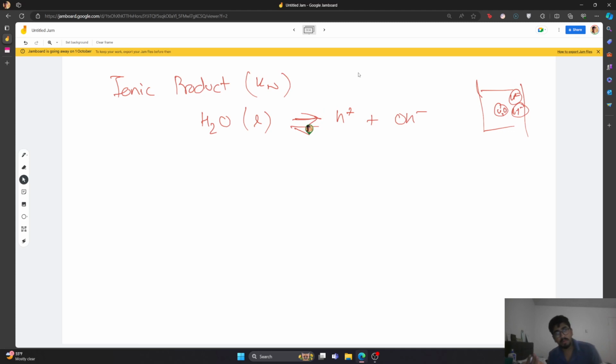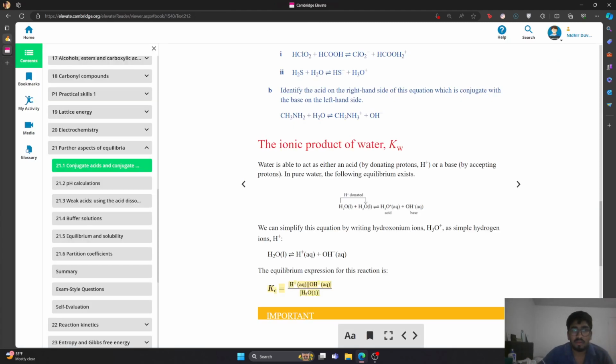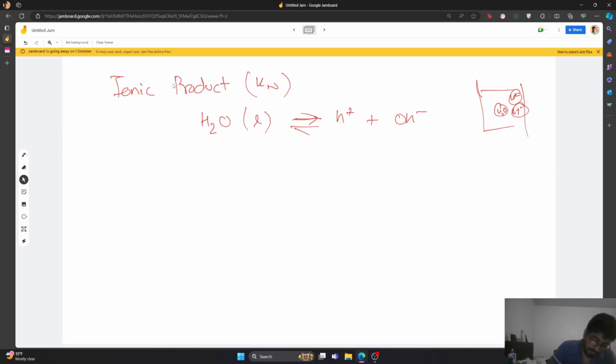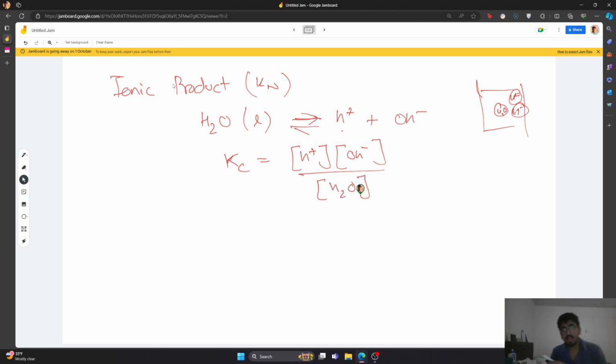So this is also an equilibrium. If you were to write the Kc of the equation, right? Generally, we write the concentration of H plus, the concentration of products, where the square brackets mean concentration, divided by H2O. Now the concentration of a liquid is always a constant, so we absorb that into the right hand side, just don't bother about that.